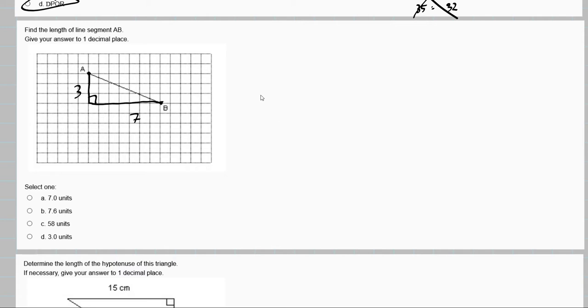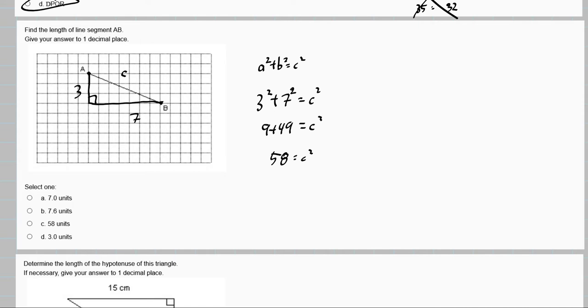So if I'm looking for this one, I would do, by Pythagorean Theorem, I have to call this side C because it's the longest one, it's the hypotenuse. The other two, it doesn't really matter what I call them. A or B are pretty interchangeable. So 3 squared is 9, 7 squared is 49, and 9 plus 49 is 58. 58 is C squared.